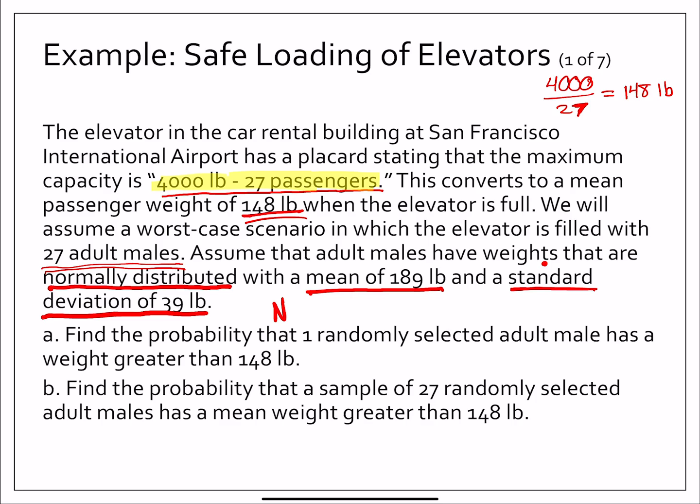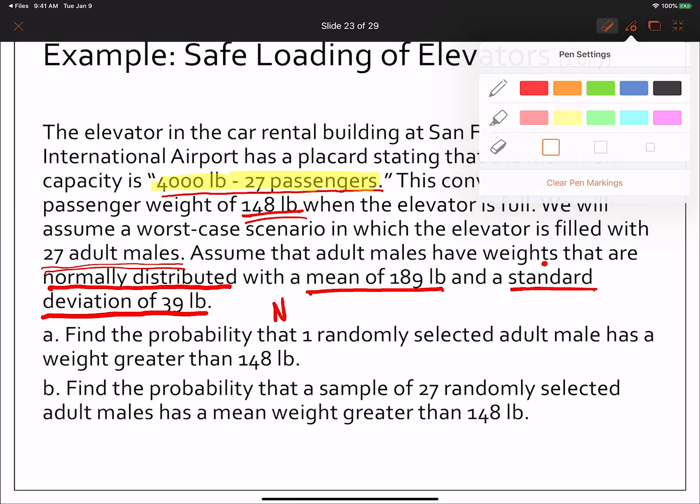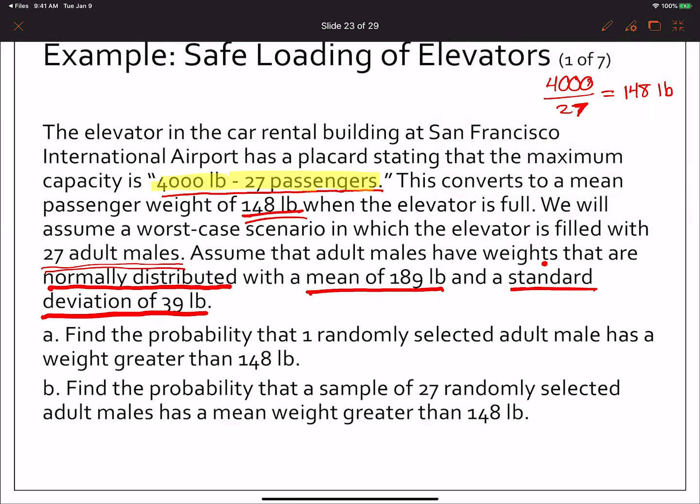Let me erase that really quickly. Hold on. I need to make it a little smaller. So this is what adult males look like. They have a mean weight of what? 189 pounds. And a standard deviation of what? 39 pounds.